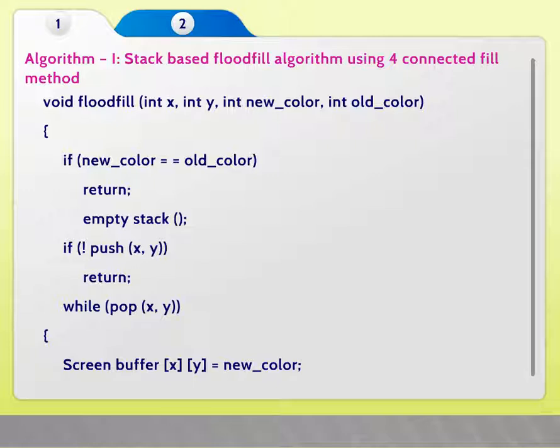Empty stack. If not push(x, y), return. While pop(x, y), screen_buffer[x, y] = new_color.